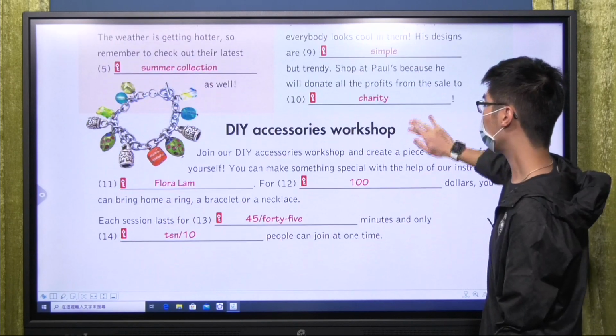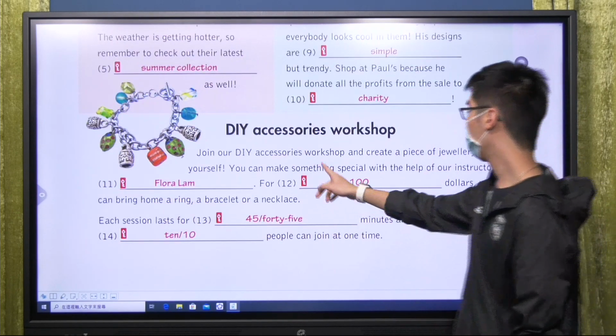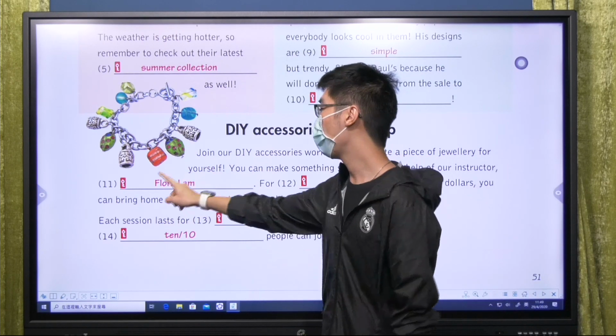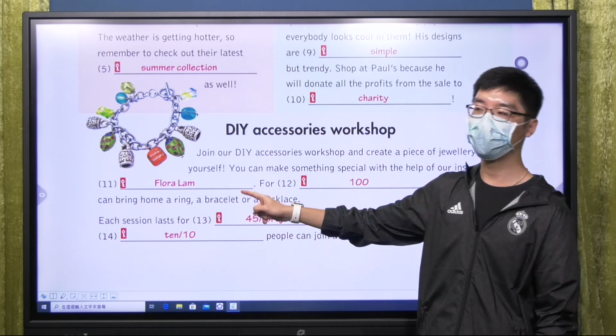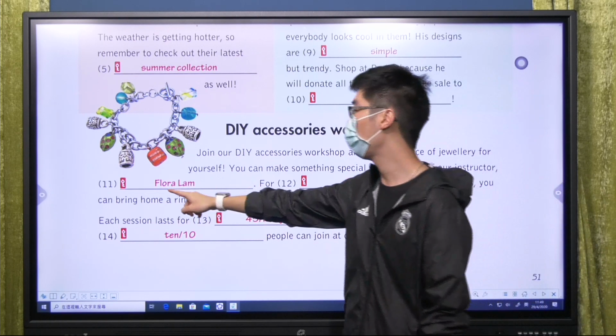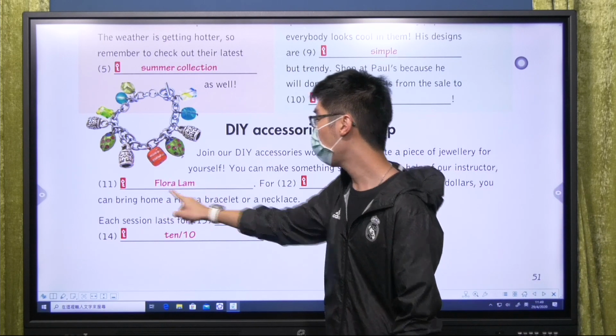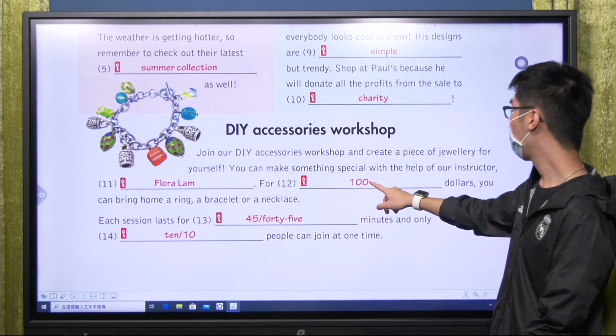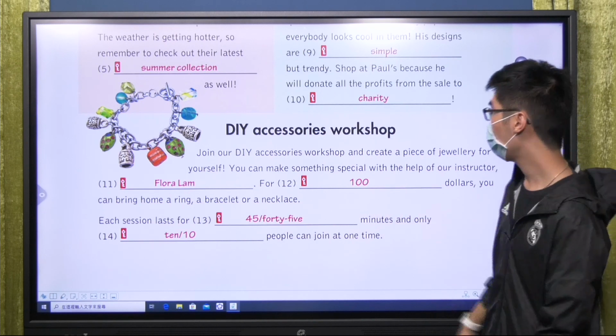So please be aware of the capital letters when writing down the name: capital F for Flo, and big L for Lamb. And then $100, and then 45 minutes.